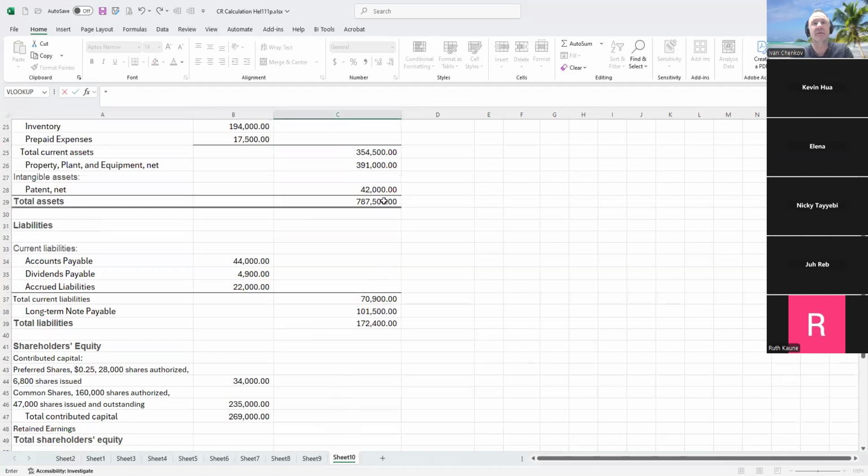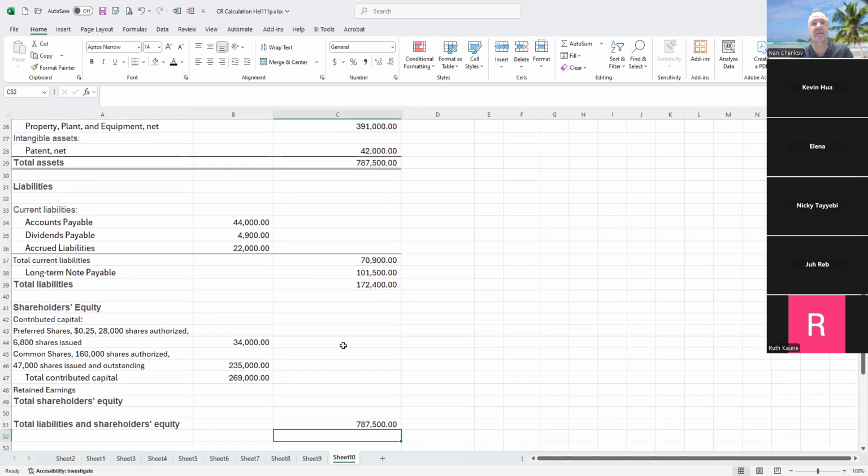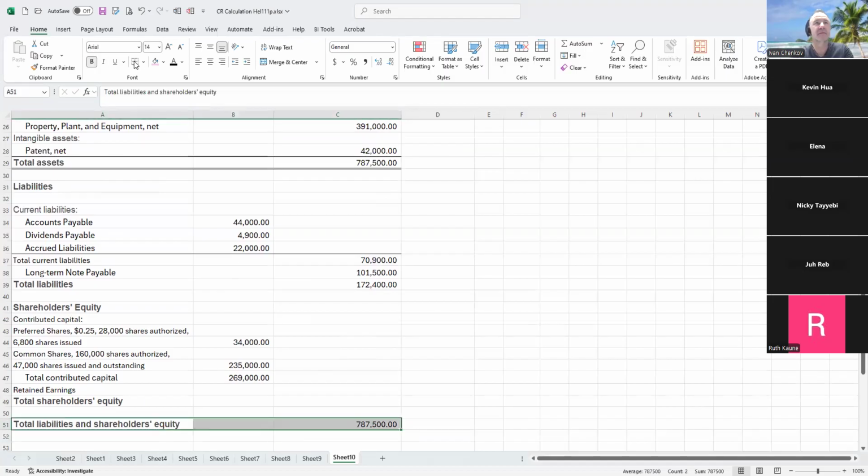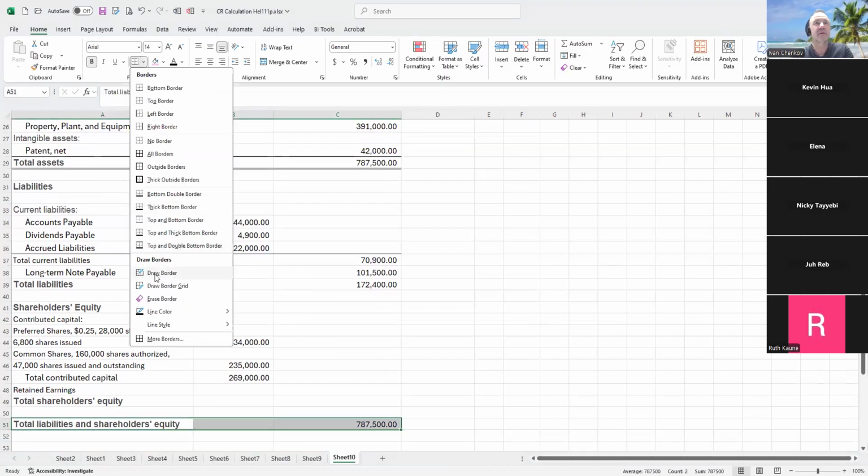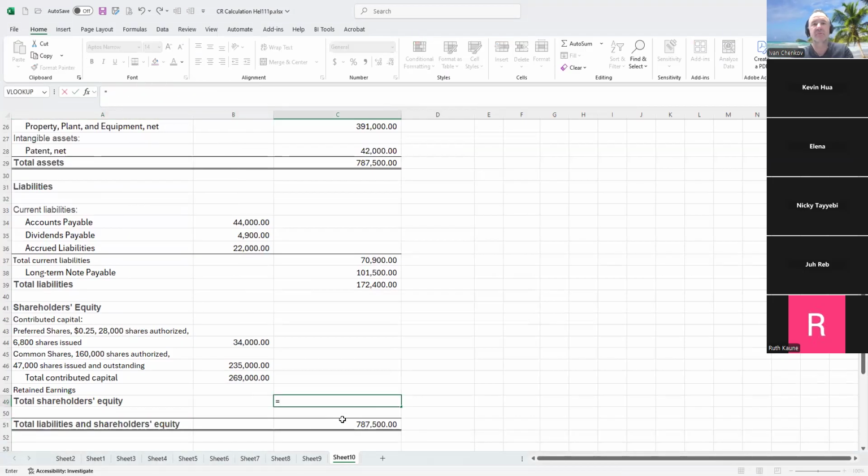So now we know this should be equal to that one, right? We already know that. Those two should be matching. So if those two are matching, our total shareholders equity should be this one minus that one, correct?